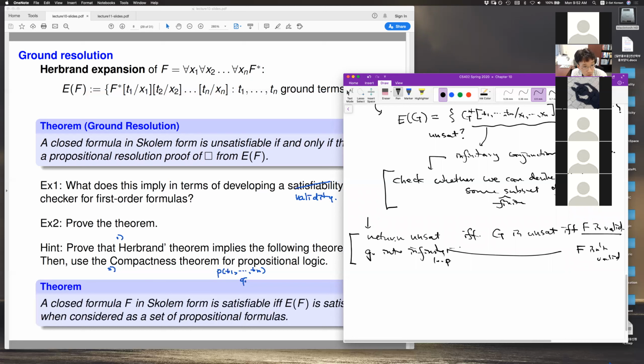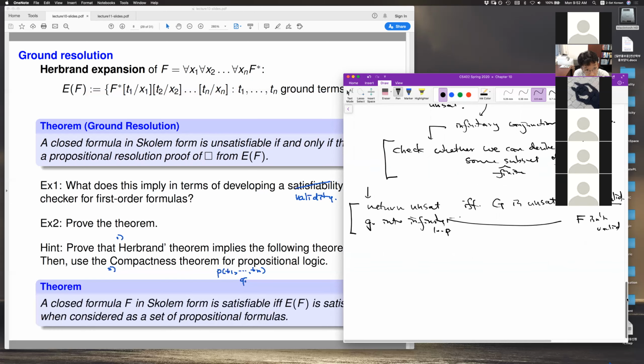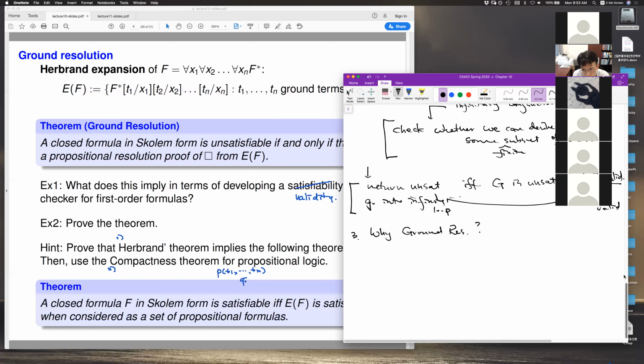So then we can call the resolution prover to answer that question. Now the next part is to show why this ground resolution is true.